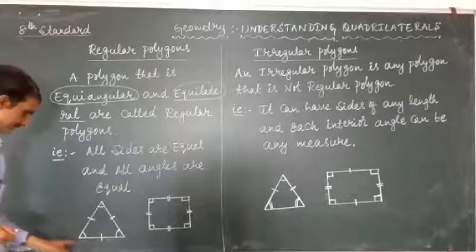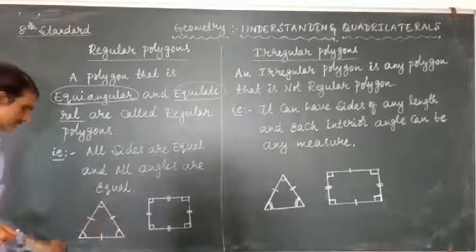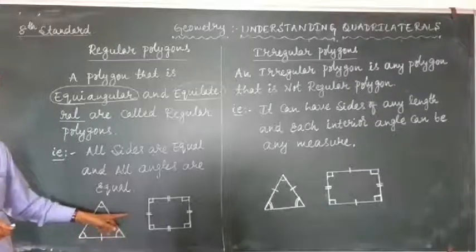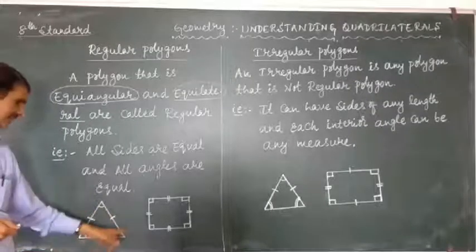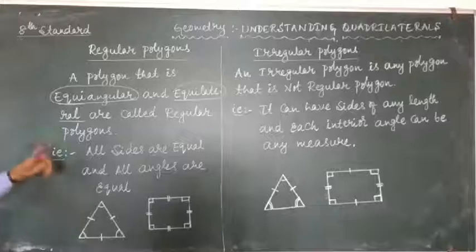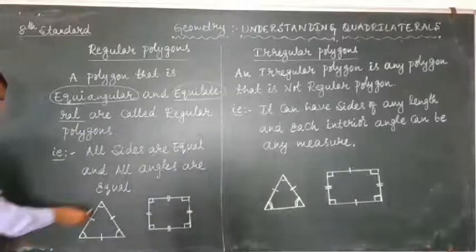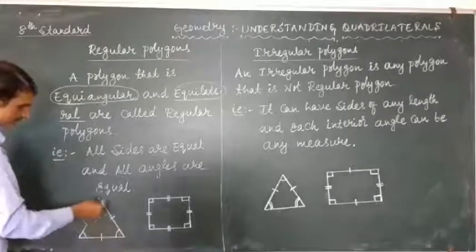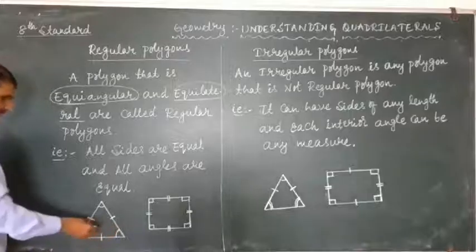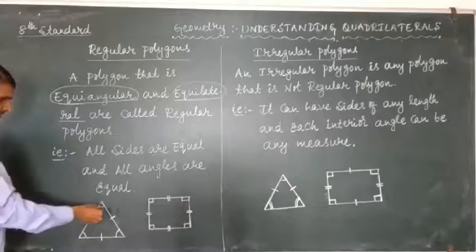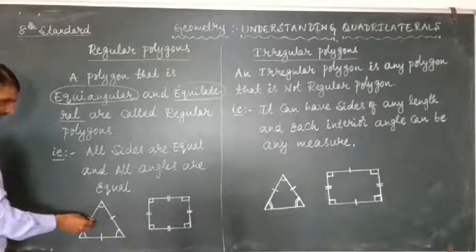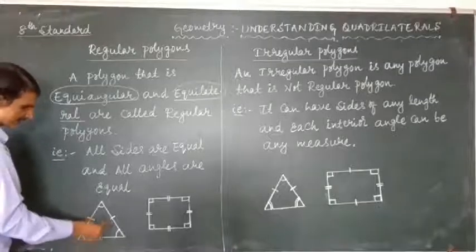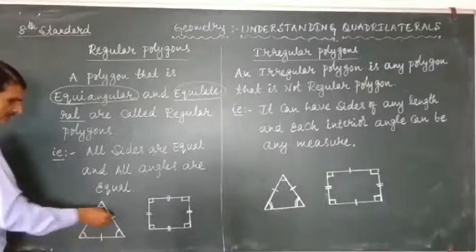So students, name this plane figure. Yes, this is a triangle. So observe this triangle carefully. In this triangle they have given that all the three sides are equal.